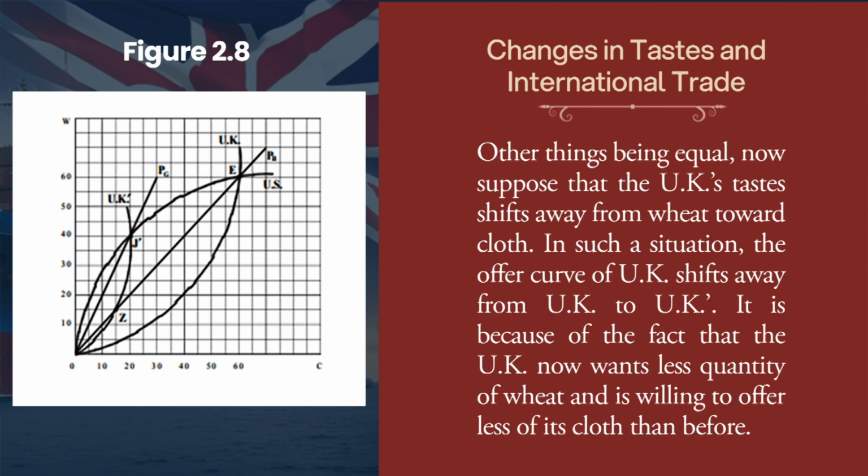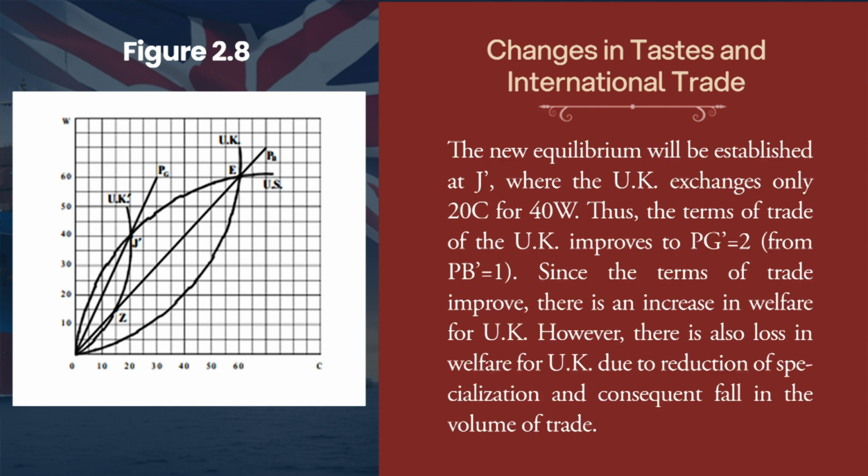You can see from the graph, as directed by their respective offer curves. Other things being equal, now suppose the UK's taste shifts away from wheat towards cloth. In such a situation, the offer curve of the UK shifts from UK to UK dash. It is because the UK now wants a smaller quantity of wheat and is willing to offer less of its cloth than before.